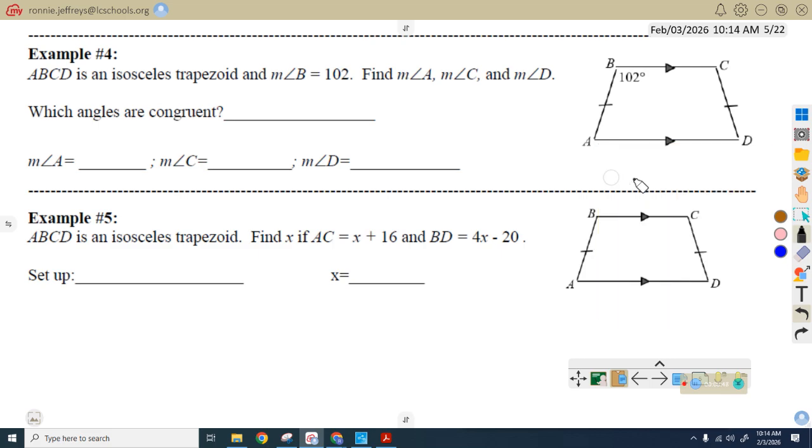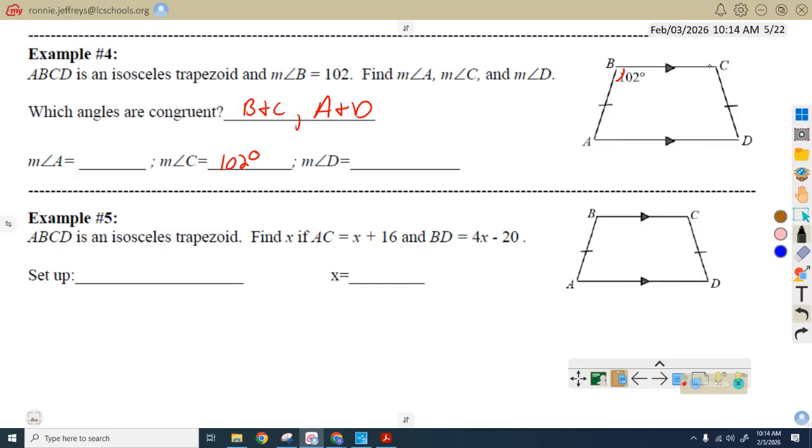Find the measure of angles A, C, and D. Now, based off the definition we just had, which angles are congruent? Yes, B and C, A and D. All right, so if B is 102, that means C is 102 degrees.